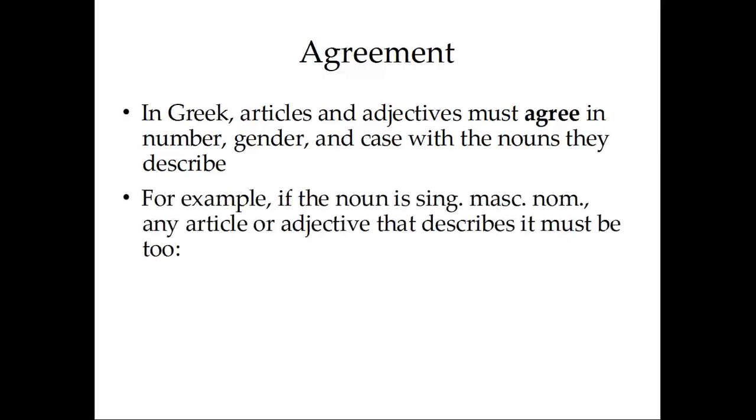For example, if the noun is singular masculine nominative, like logos, any article or adjective that describes it must also be singular masculine nominative. If it doesn't, then they're not going to agree, and there's either going to be an error, or it's going to be describing something else.